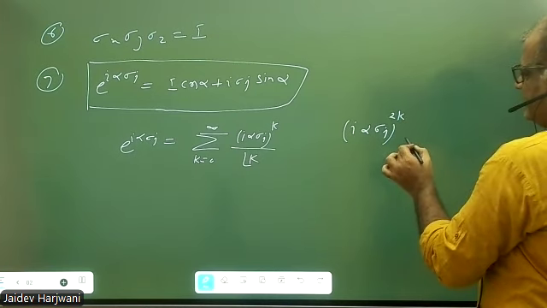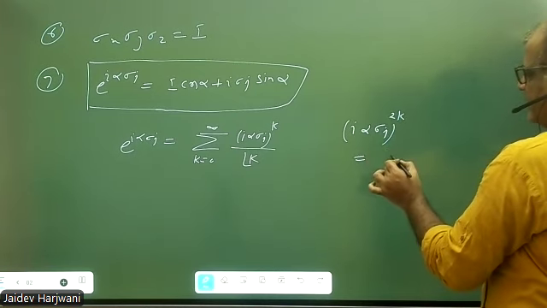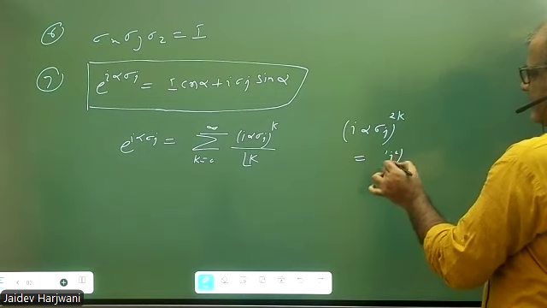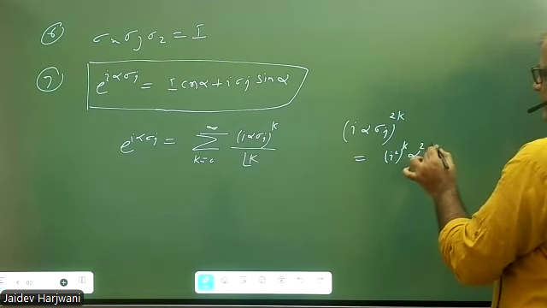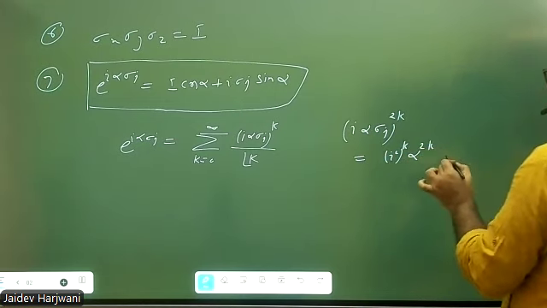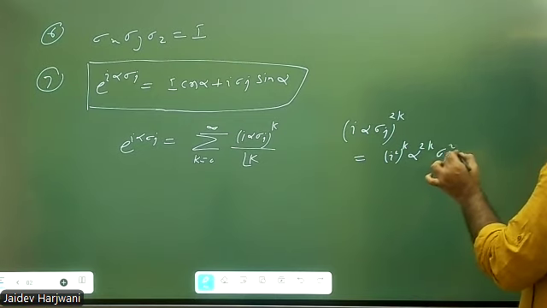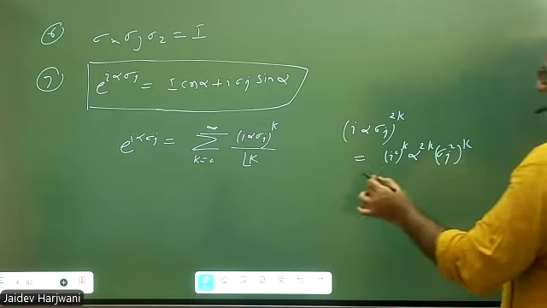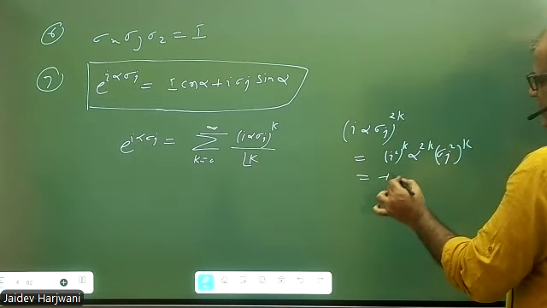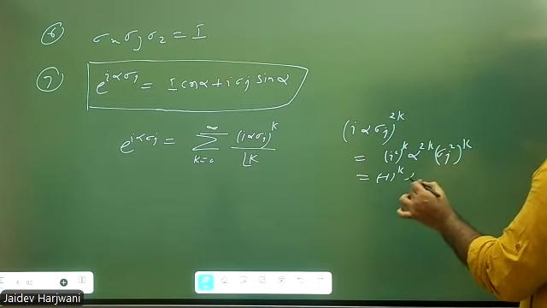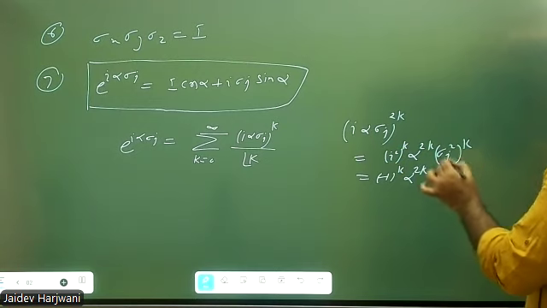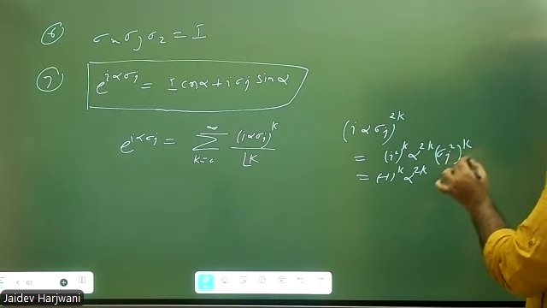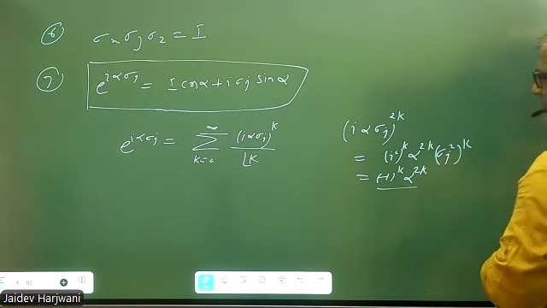If it is even, you can write this as i² power k, α power 2k, and σ_j² power k. So this becomes (-1) power k α power 2k, and σ_j² is 1, or 1 power k. So this is completed.